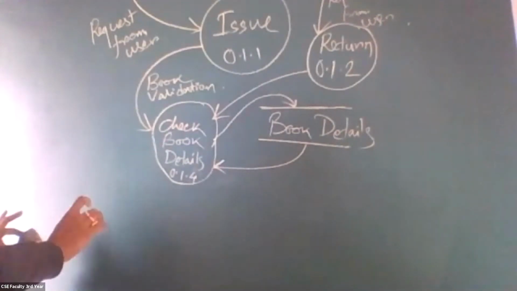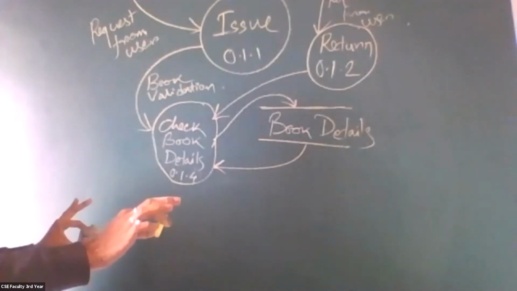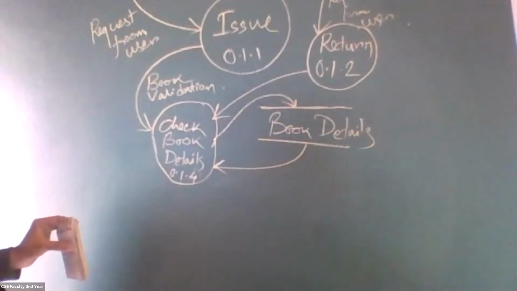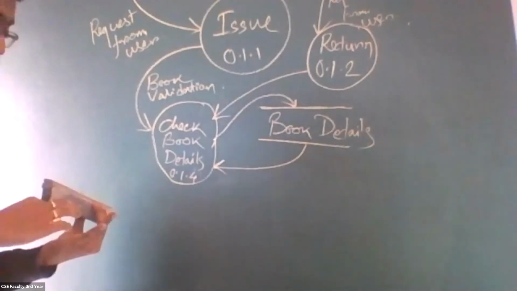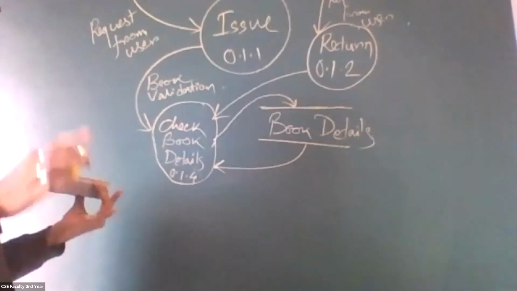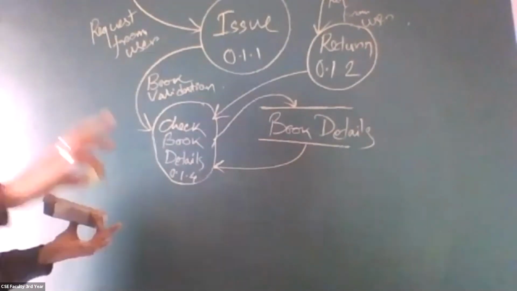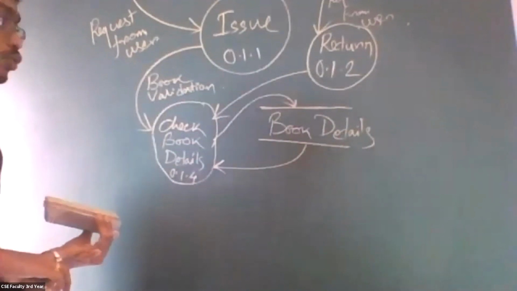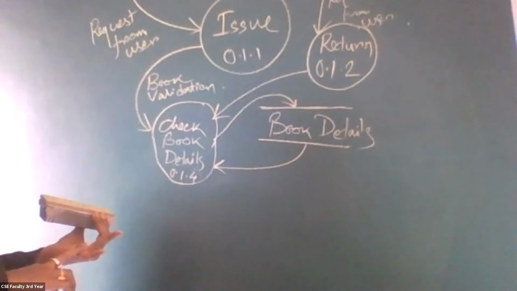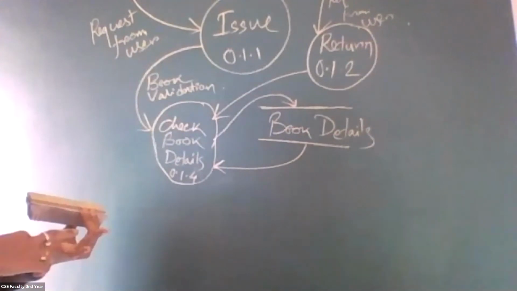I will draw the level 2 DFD for the library management system, for user request. In the next class, I'll show you. But for the time being, you just draw the level 2 diagram also in your eDrawMax software and show me in the next class.